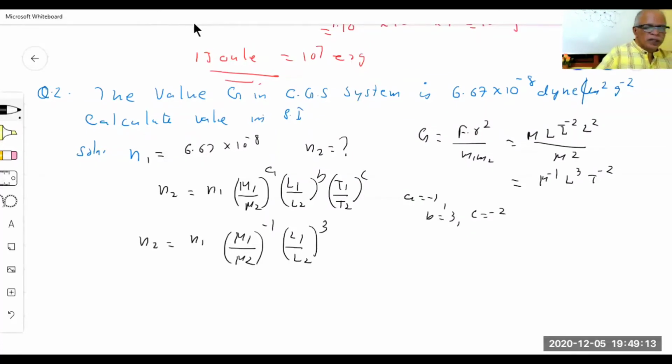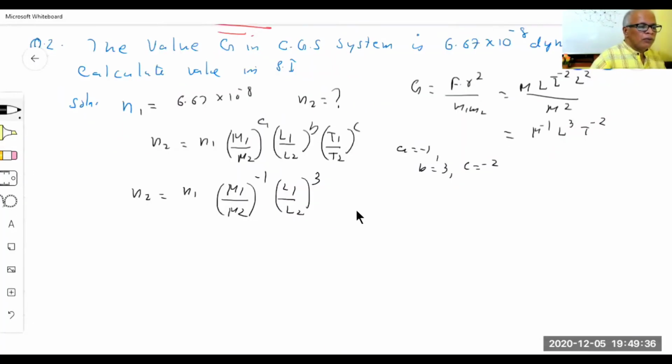So this we can write as, now what is M1, M2? We'll find out. M1 is CGS, given the CGS, so M1 is 1 gram. T1 is 1 second. L1 is 1 centimeter.